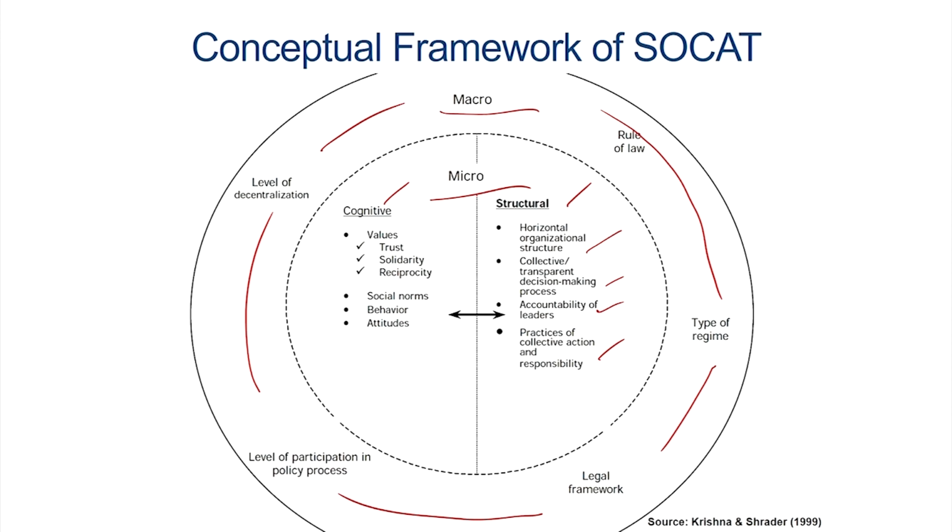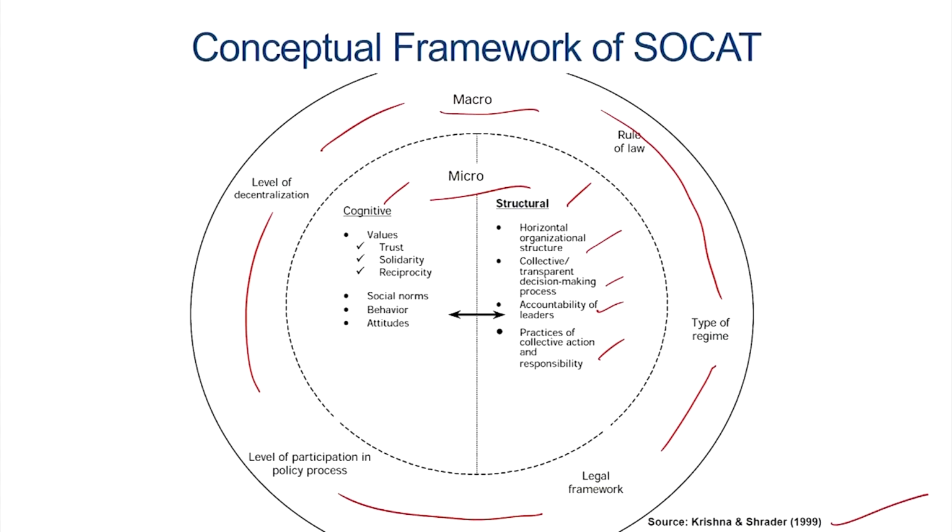For those interested in the details of this conceptual framework, because it can be adapted to household and community social capital assessment needs, I would suggest you look up the source of information here, Krishna and Schrader, 1999.